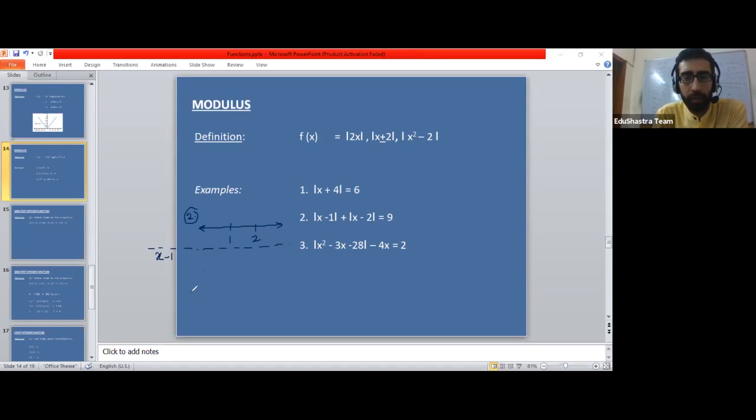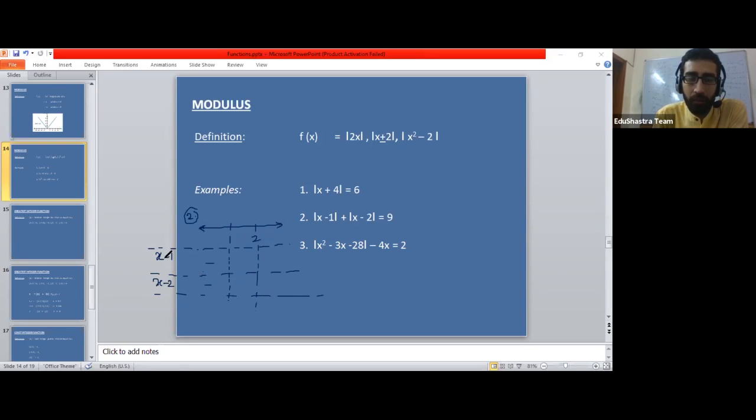And what we know about x minus 2 we'll use here. We know that when x is less than 1, both these are negative. X minus 1 is negative as well as x minus 2 is negative.